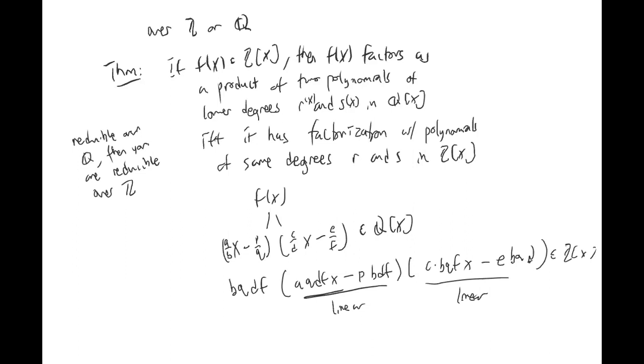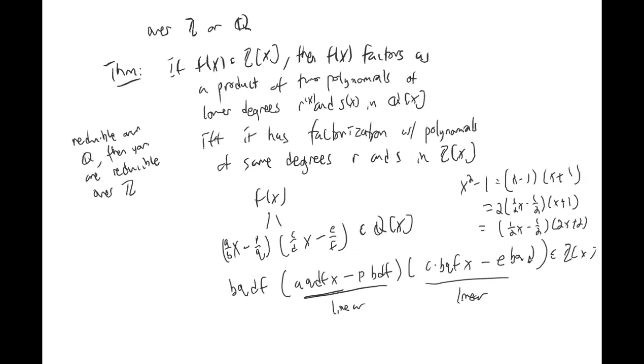I don't have an example off the top of my head, I would have to think. Yeah, for instance, just factor out a 2. So it factors as 2 times (1/2 x minus 1/2)(x plus 1), so this factors like (x minus 1)(2x plus 2).